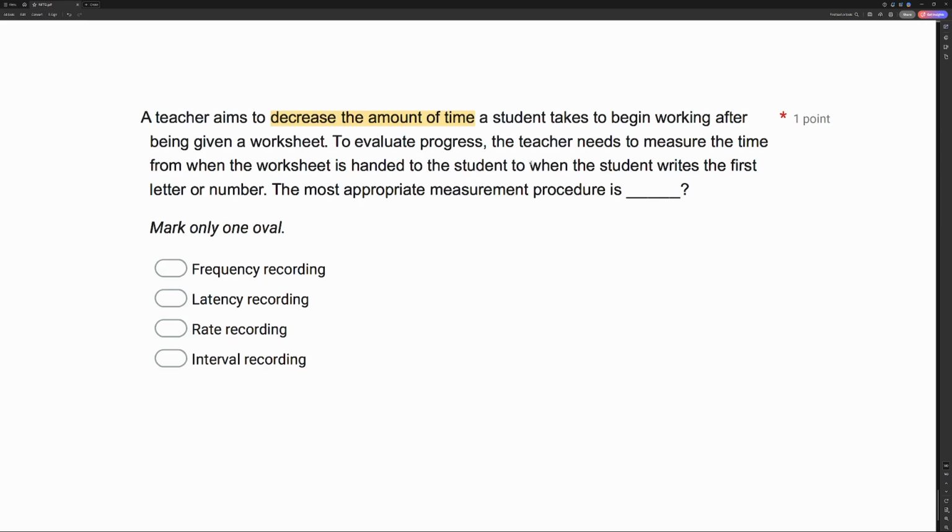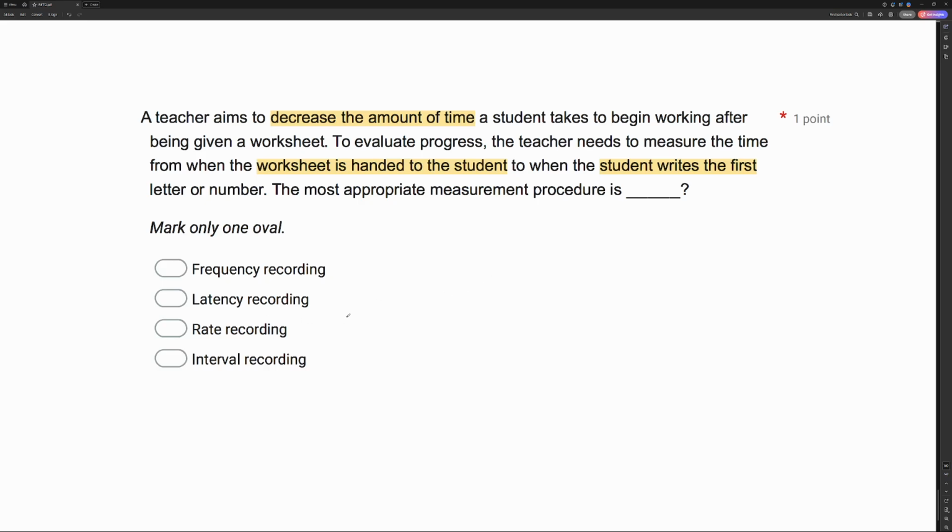Now in this case, the teacher wants to measure the time from when the worksheet is handed to the student to when the student begins the response. So what type of measurement do we use to measure between the SD and the first response? A, frequency recording. Frequency recording is going to measure a count or how many. We want to measure time, so frequency is out.